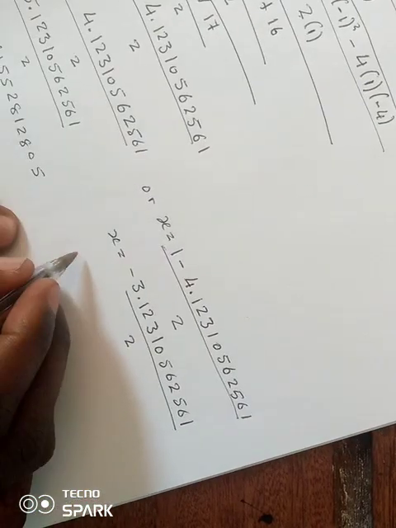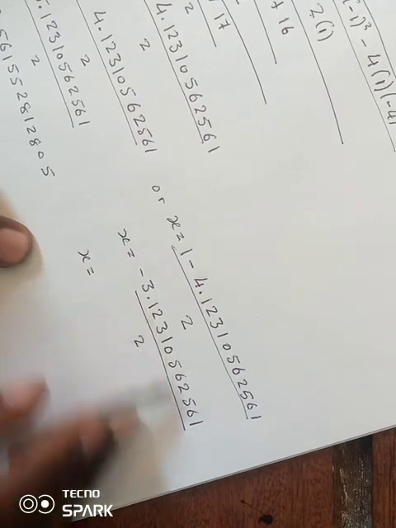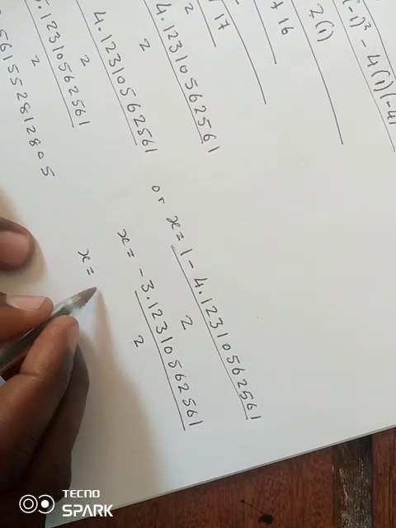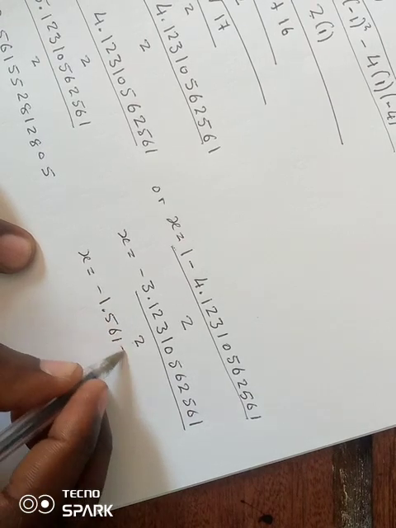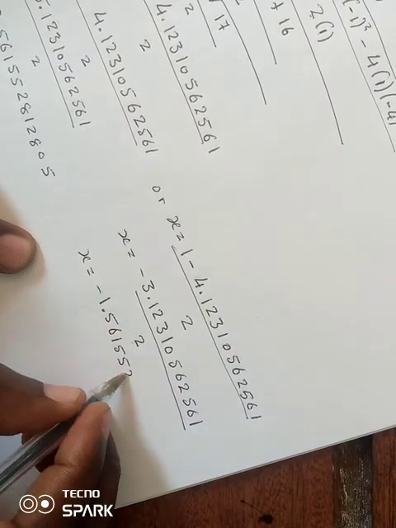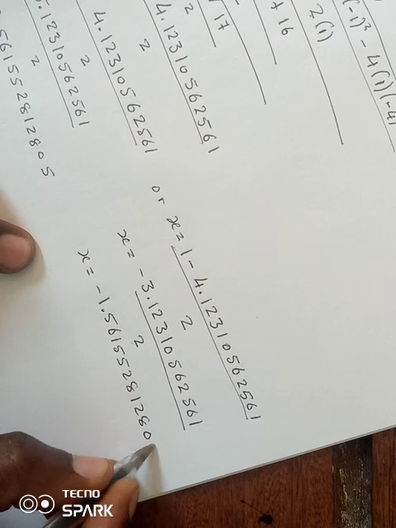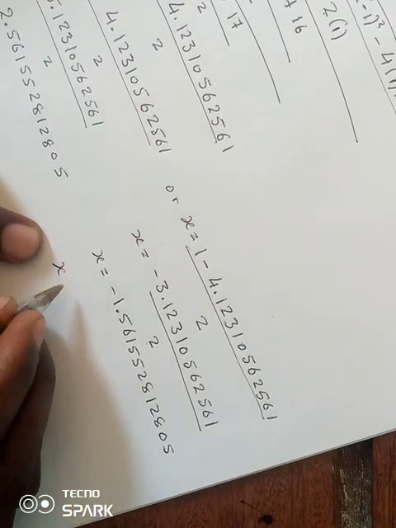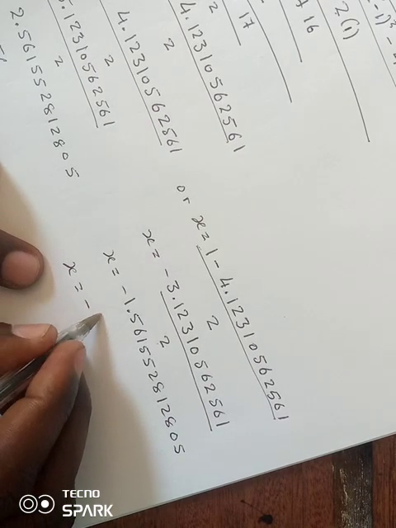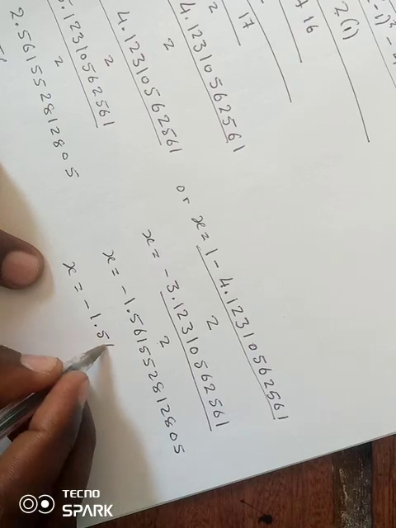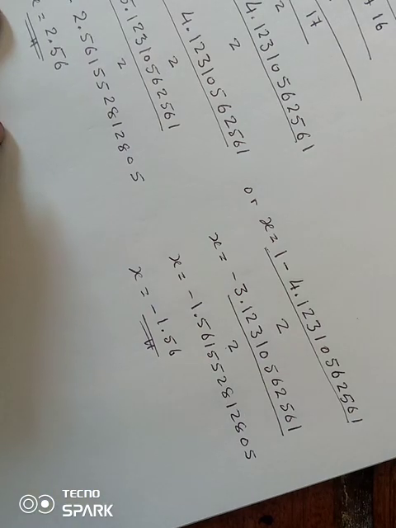Okay, so you must divide 2 into that number on top, so that will give you negative 1.561552805. So we must correct it to 2 decimal places. That will be negative 1.56.